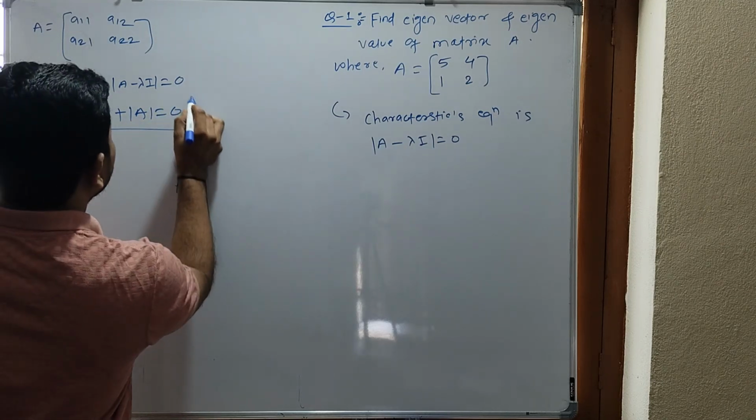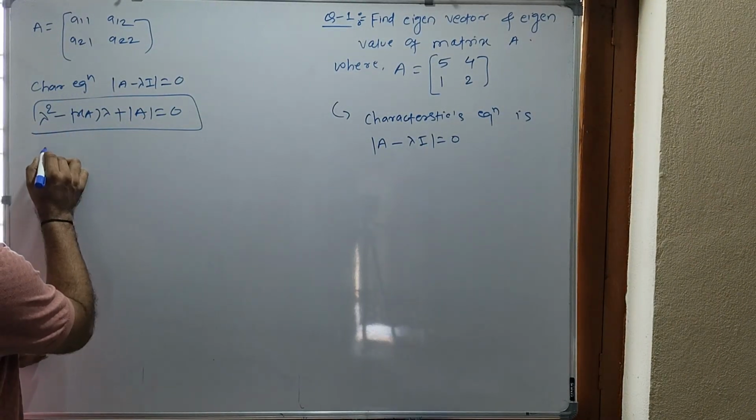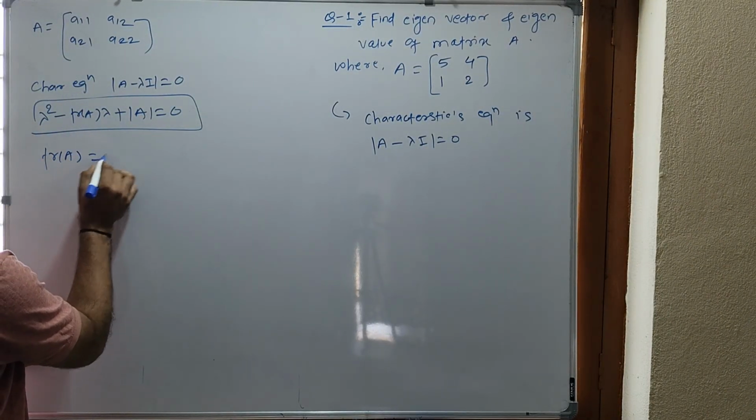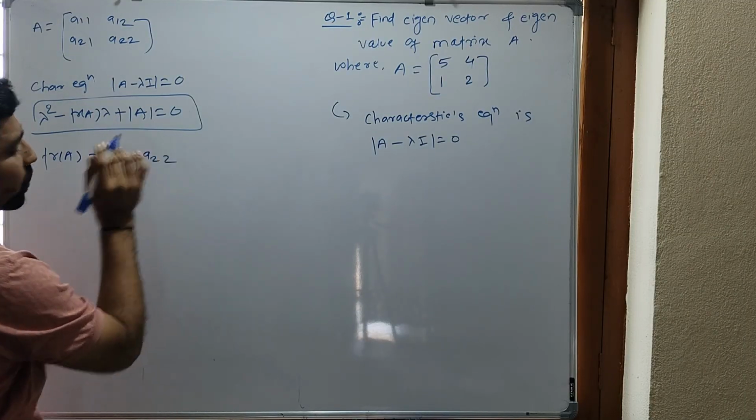This is the characteristic equation in lambda. What is meant by trace? The trace of this matrix is the sum of the diagonal elements, that is A11 plus A22.